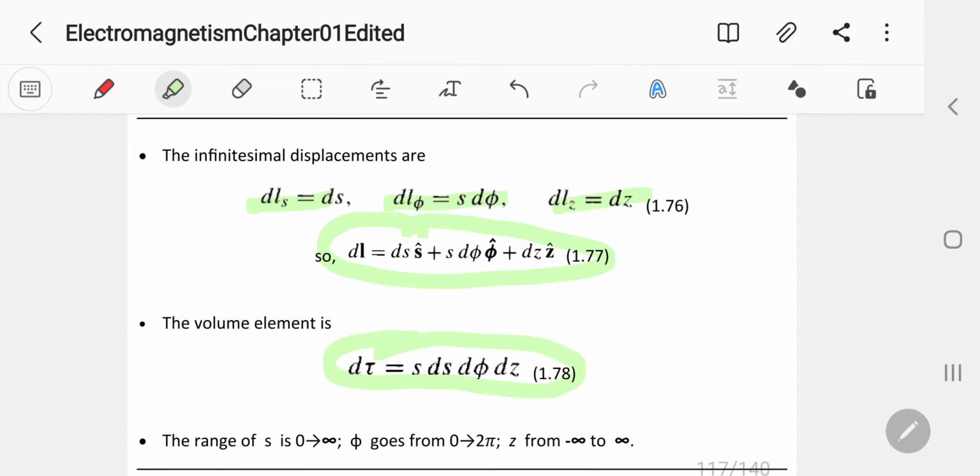The range of S is 0 to positive infinity. Phi goes from 0 to 2 pi, and Z is from negative infinity to infinity. So you can extend the cylinder above and below.